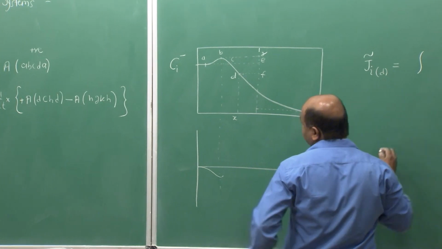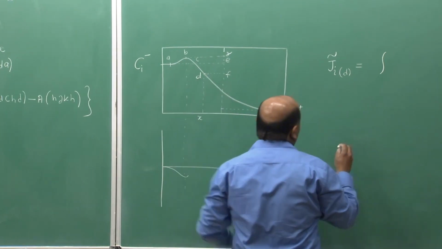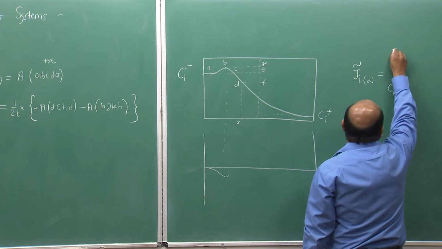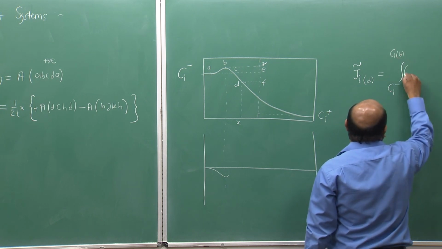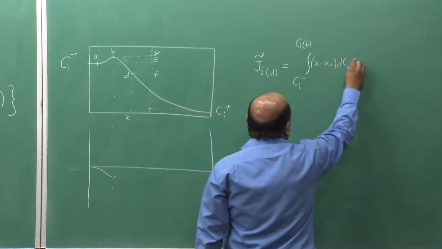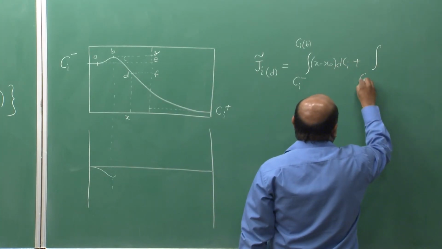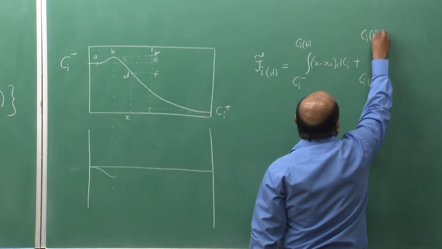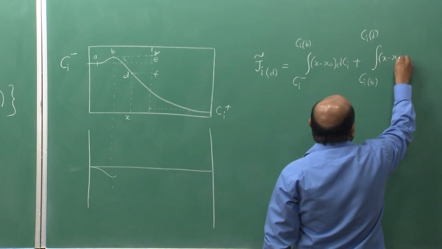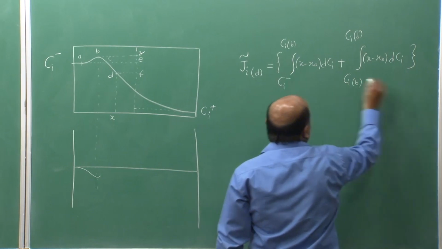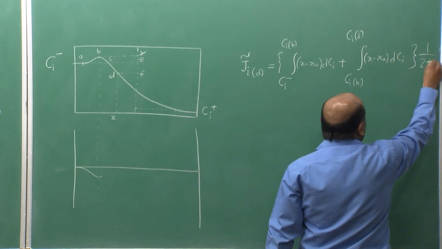We can split that integral at the point of maximum. So, it will be the integral from Ci at A to Ci at B of x minus x naught dCi, plus the integral from Ci at B to Ci at D of x minus x naught dCi. Of course, this has to be multiplied by 1 over 2t.